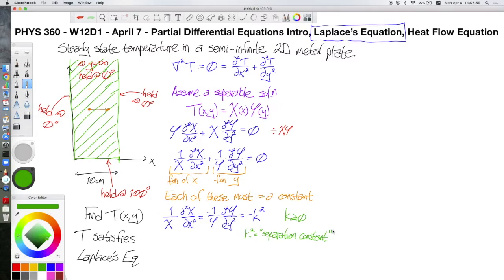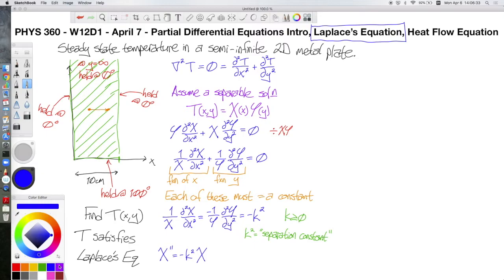So, simplifying my notation a little bit, we now have the following two differential equations. Big X, its double derivative, equals negative k squared times itself. Here, the primes stand for a partial derivative with respect to x, but it turns out that since we wrote these things as a separable solution, all of these partial derivatives actually turn into regular derivatives.